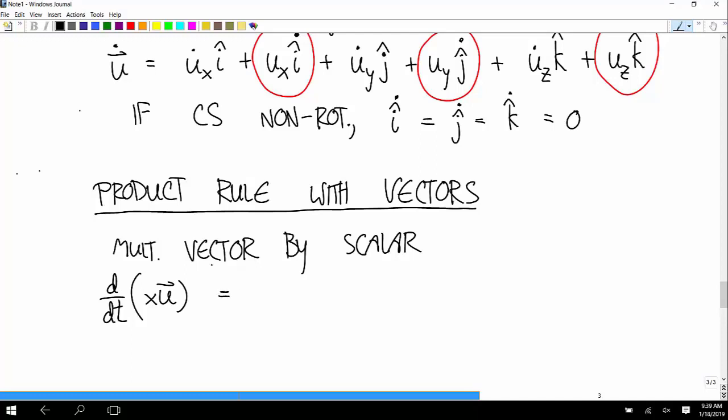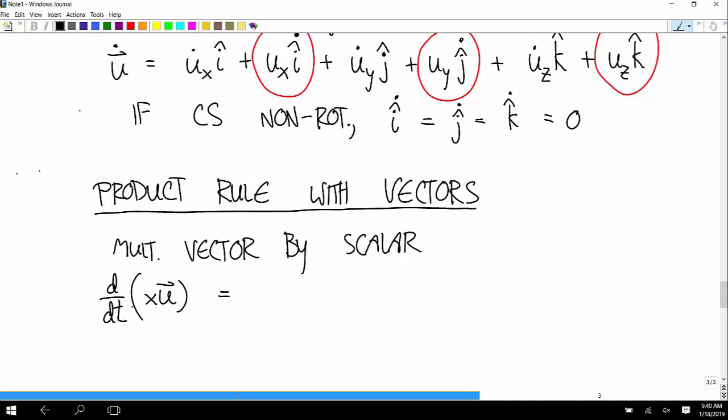Well, this is equal to, another way you can write this, by the way, people would put the xu in parentheses and then draw a line over it, and then a dot over the line. That says a total time derivative of everything inside there.